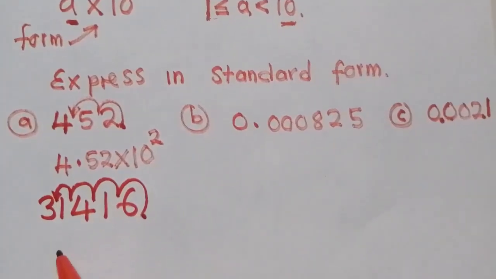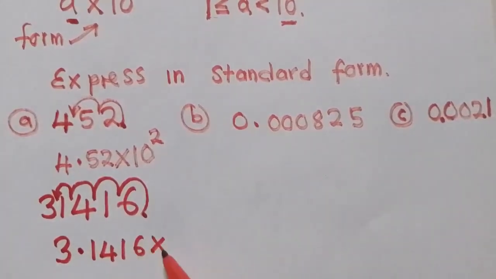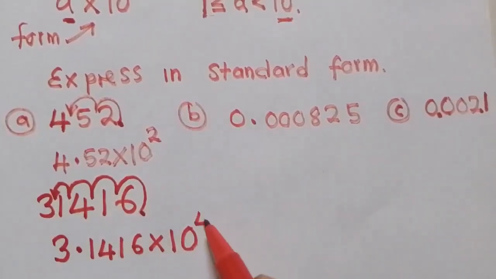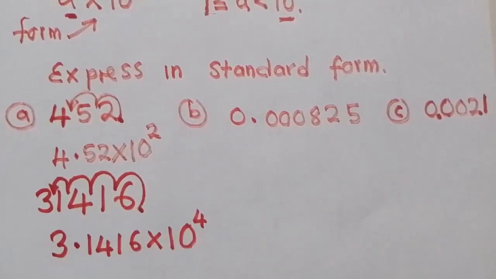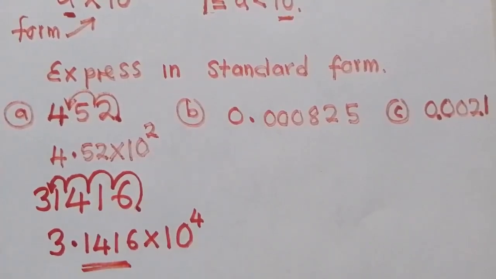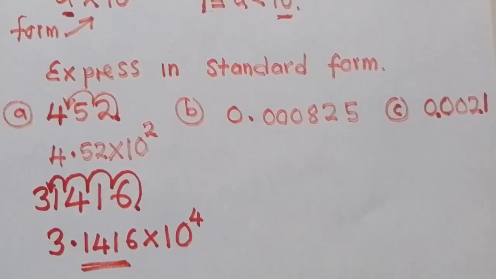This is the same as 3.1416 times 10 to the power 4. This is just one and the same thing. So you've expressed it in standard form. This is how we express in standard form.